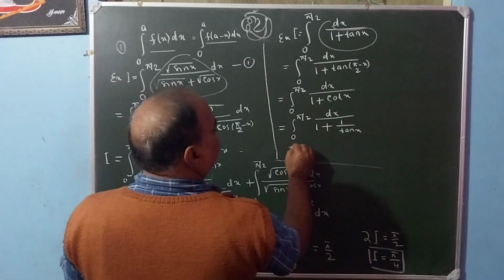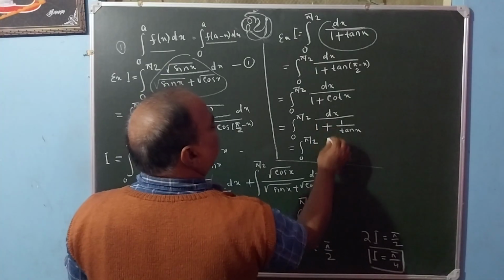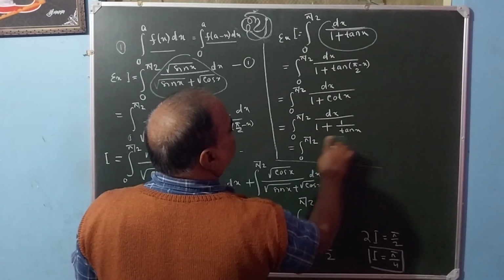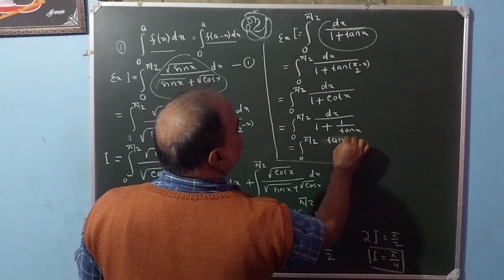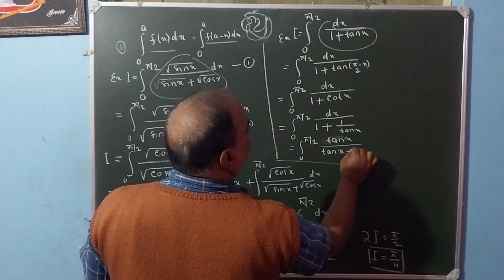So we get integration of 0 to pi by 2, tan x goes to the numerator, tan x divided by tan x plus 1.